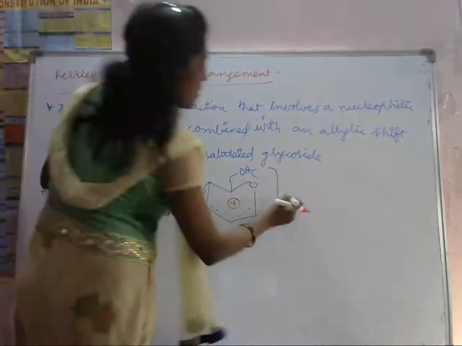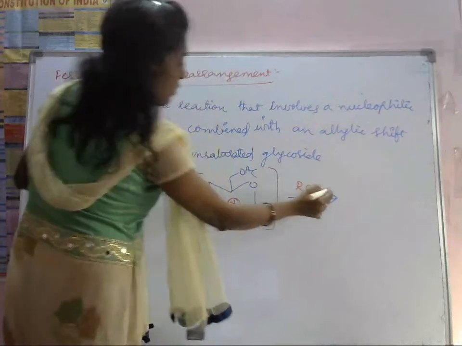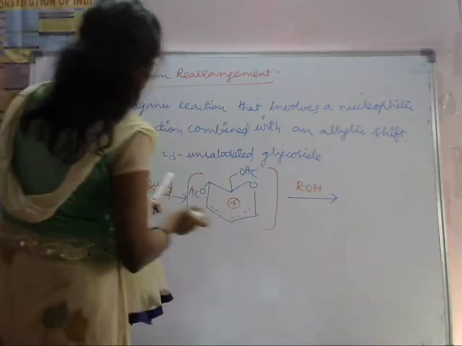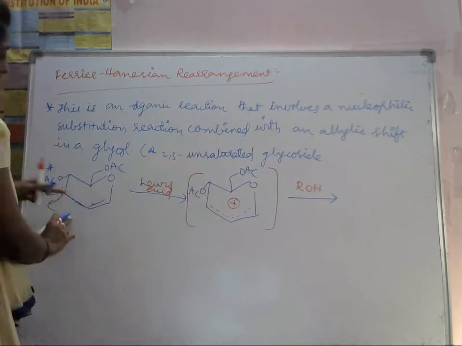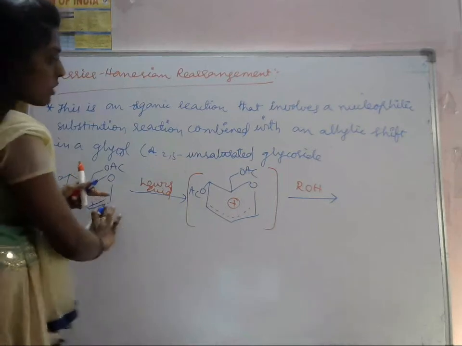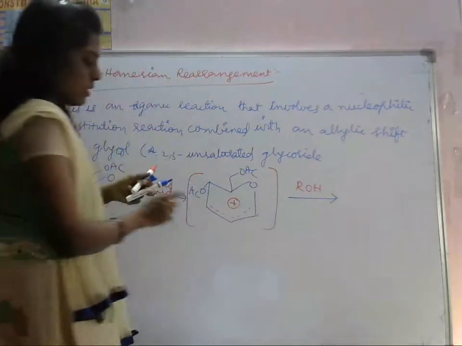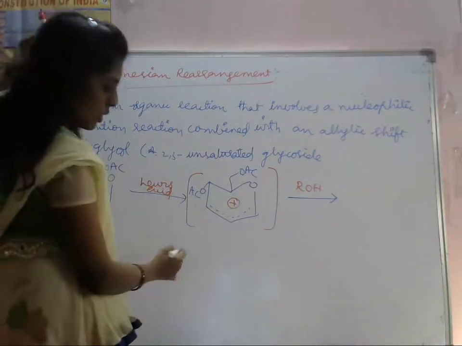Next, if it is treated with ROH, what will happen here? This double bond gets shifted towards this, so it creates the positive charge. Then this RO minus will attack this site, and it will give two types of products.